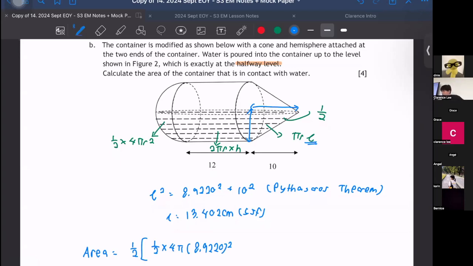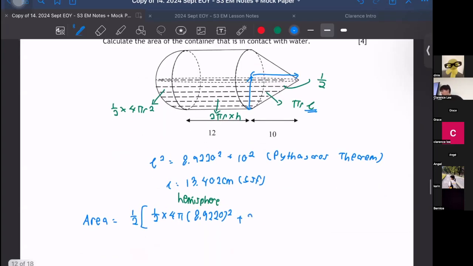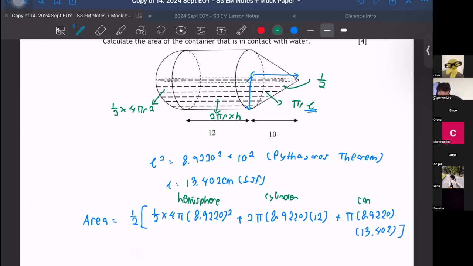This is for hemisphere. Plus the curved surface area of my cylinder, which we all know is 2 pi r h. This is for cylinder. Followed by my cone, which is given by pi r l. This is for my cone.